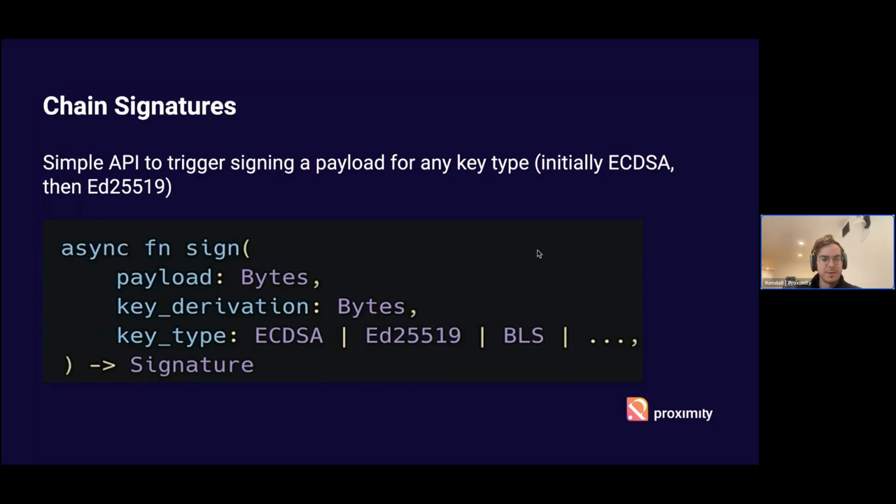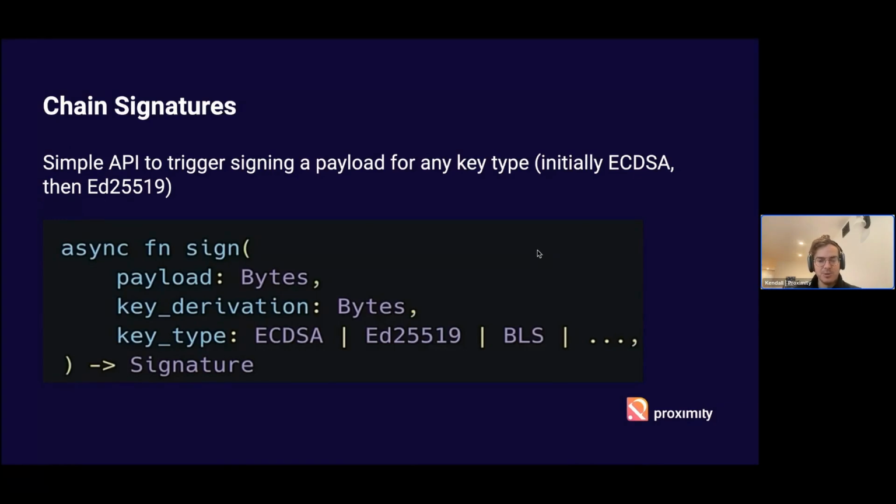And then the final piece of information is the key type. This is the signing scheme that you need the network to respond with so that you can create a valid signature for a given network or blockchain or protocol. So at launch, we have support for ECDSA by default. This includes every EVM chain, the majority of the functionality on Bitcoin, Cosmos chains, Aptos, Sui, Near, and a few others.